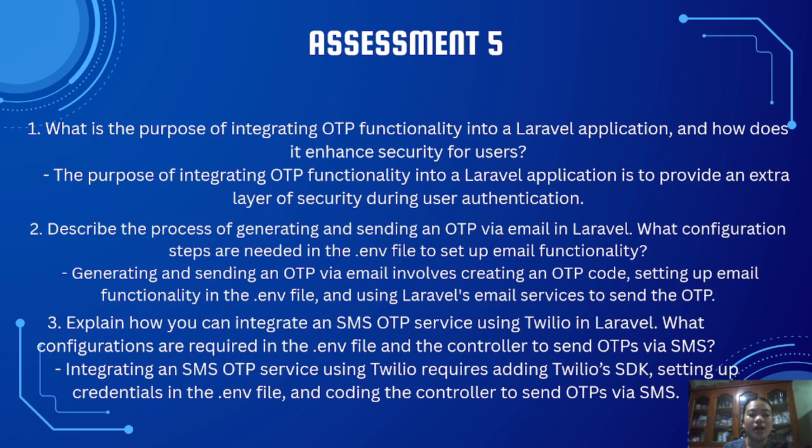To send an OTP via email, you need to configure SMTP settings like MAIL_MAILER, MAIL_HOST, and MAIL_PORT in the .env file. Use the Laravel Mail class or a notification to send the OTP to the user's email.